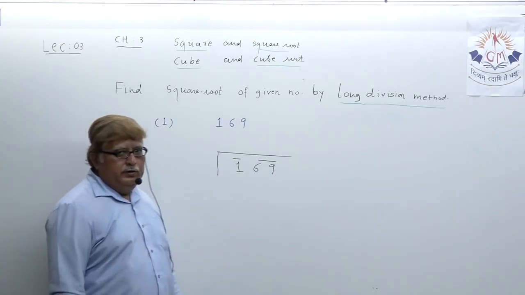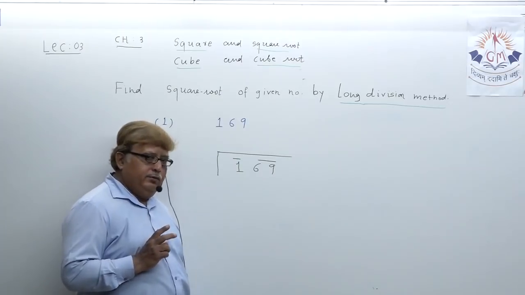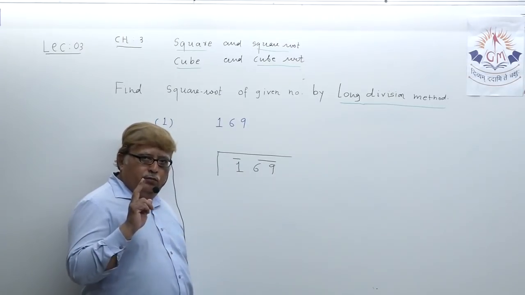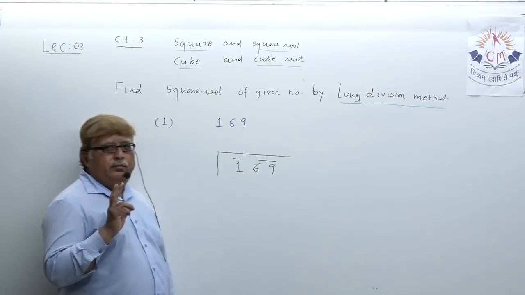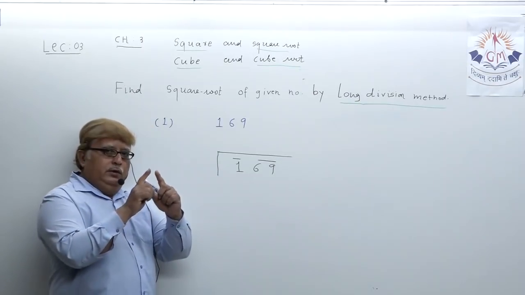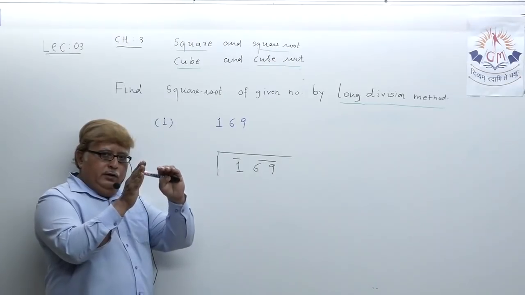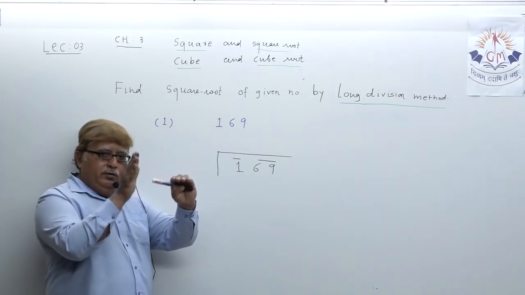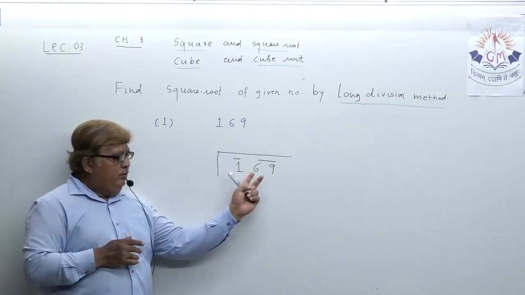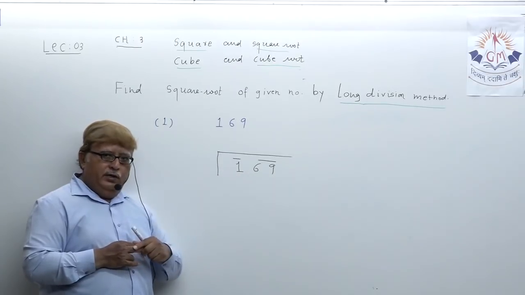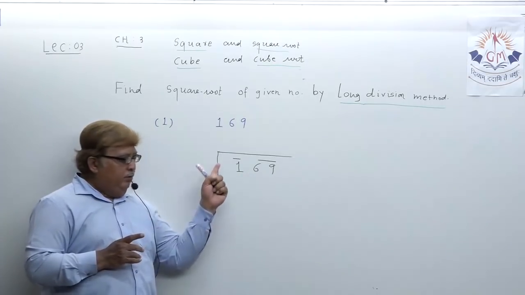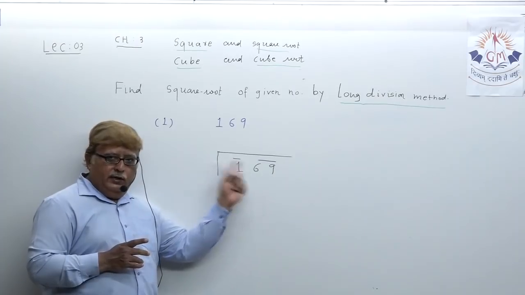How many digits were there? 3. So we divided this number into 2 parts. 1 digit and 2 digit, means number made by 1 digit, number made by 2 digit. You understand? This way you have to draw overhead line also.